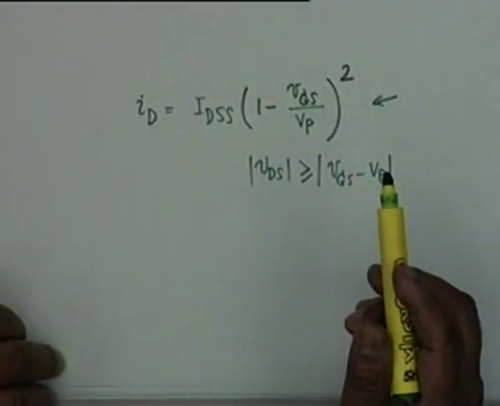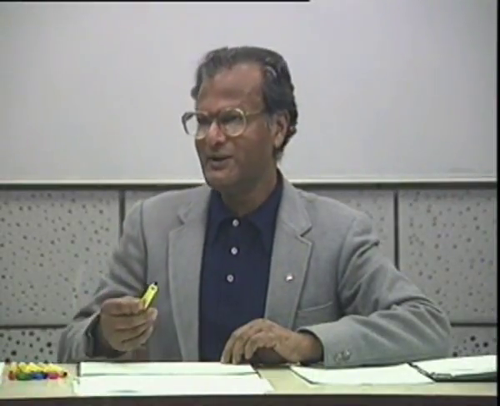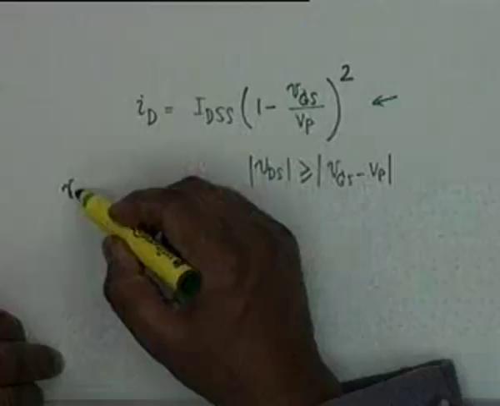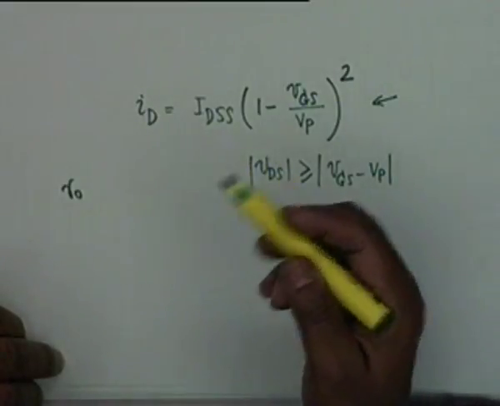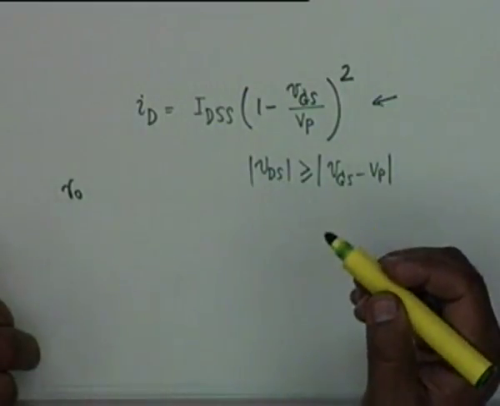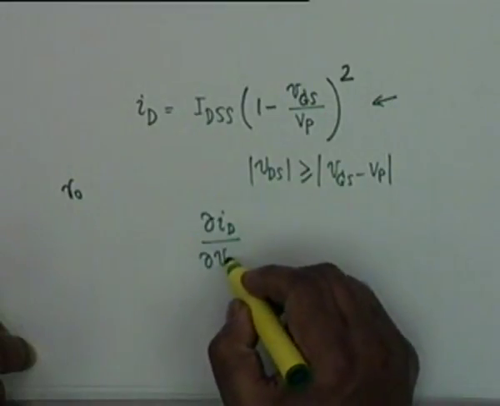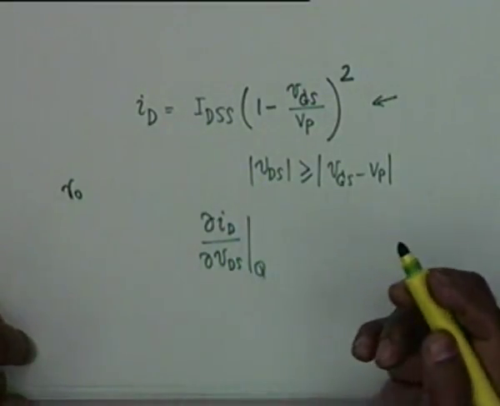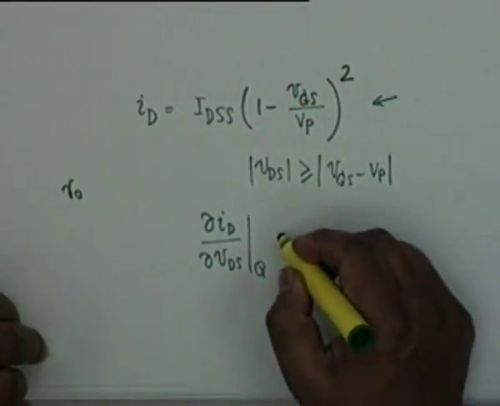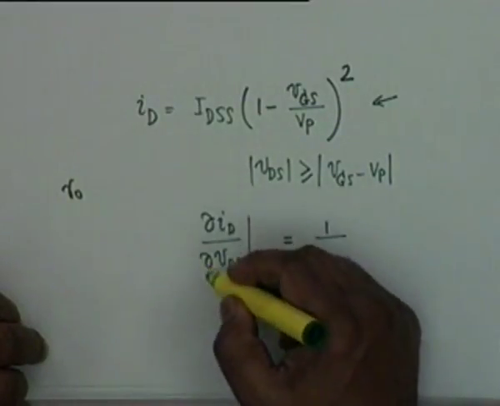However, like the BJT characteristics, where you saw that there was a small slope, and you had defined a resistance R0 as the Early voltage divided by the collector current, here also ID is not absolutely constant. You can define dID by dVDS at the operating point. There is a slope which has the dimension of conductance.